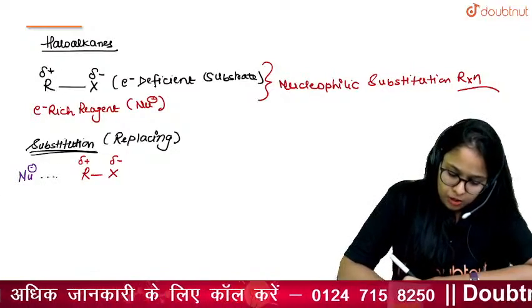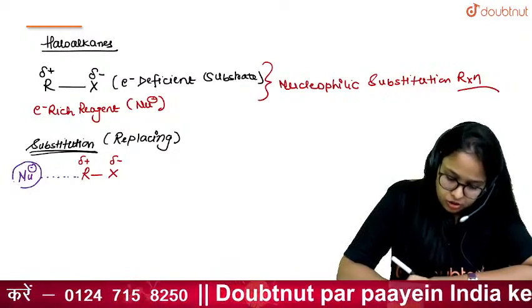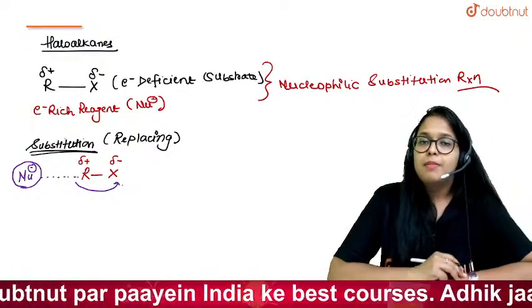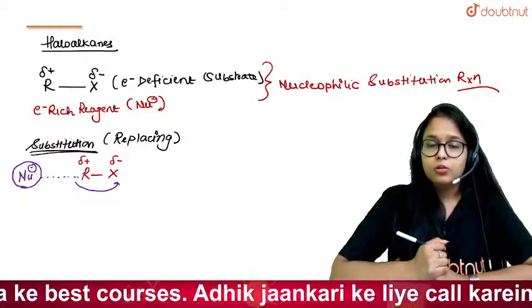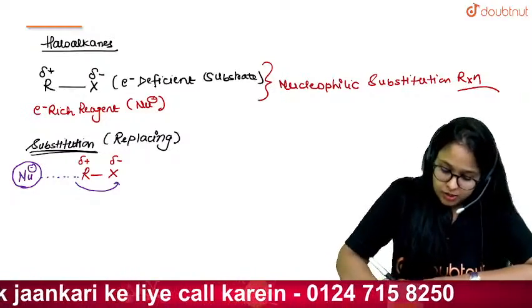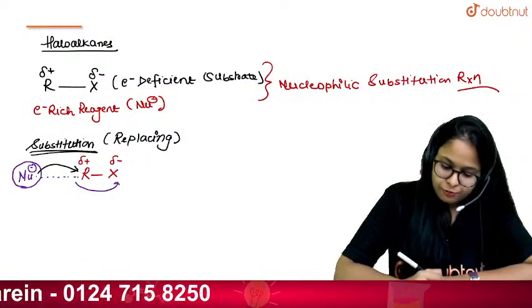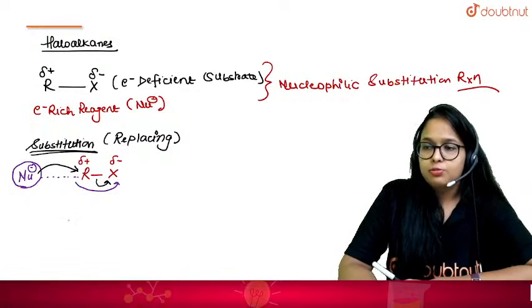They will show attraction. The nucleophile goes closer to the alkyl part in the haloalkane, and then they undergo certain collisions. Energy is released, and a new bond between the nucleophile and R is formed, and the old bond between R and X is broken.